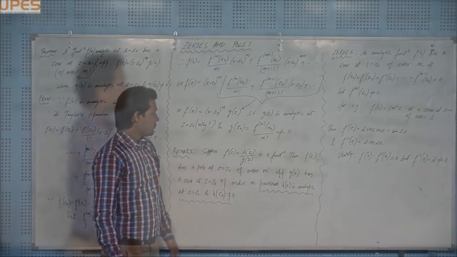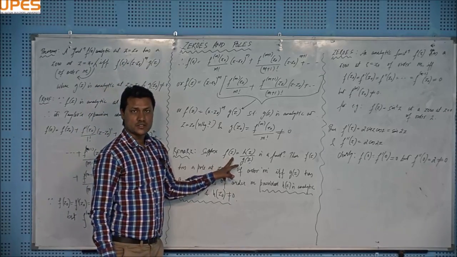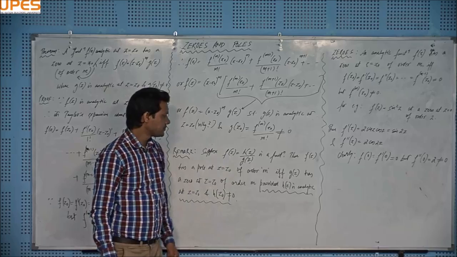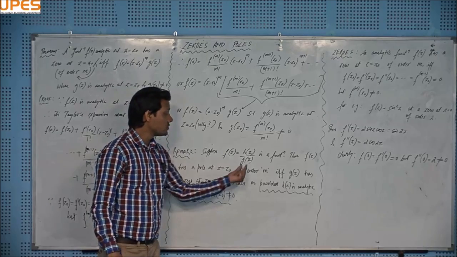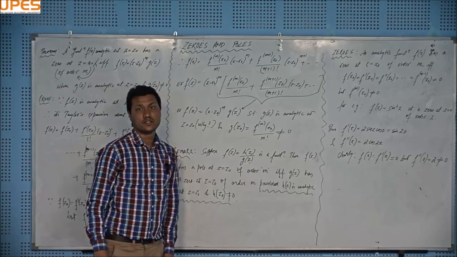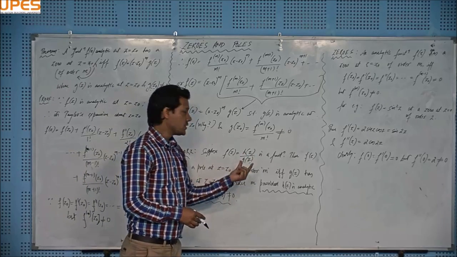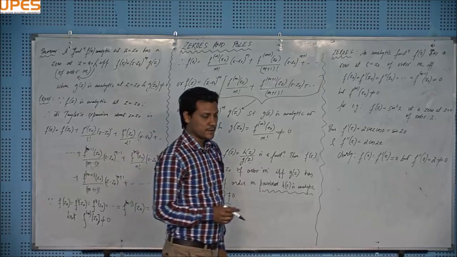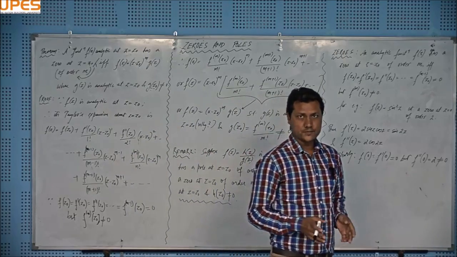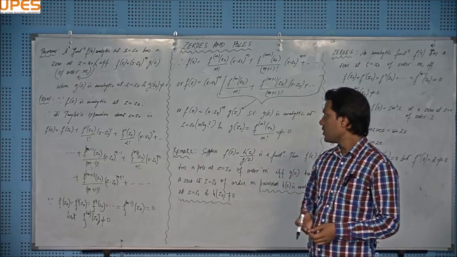Okay, so finding a pole for a rational function will ultimately be equal to finding the 0 of its denominator function, provided that the numerator function is not equal to 0 at that point and it is analytic at that point, right?